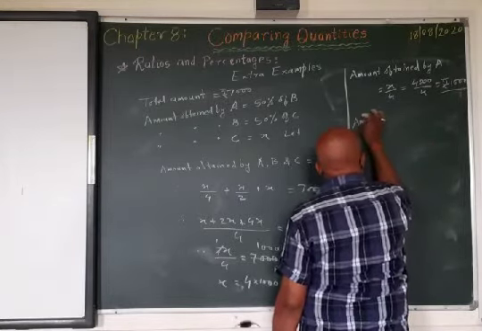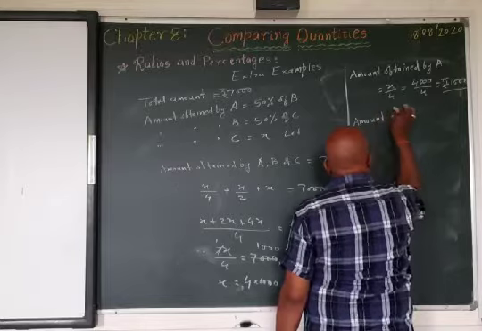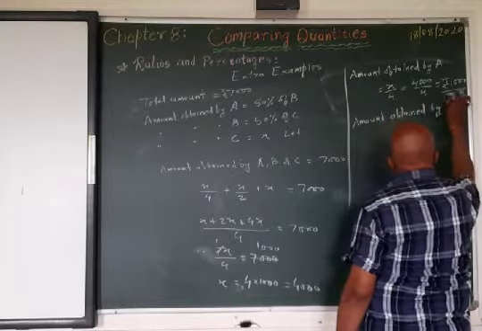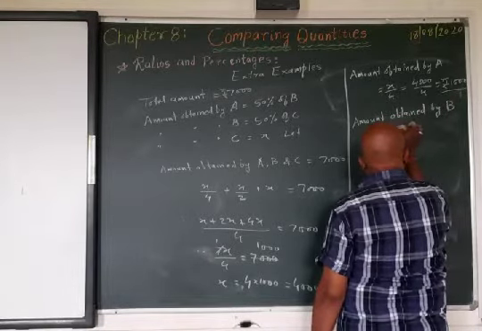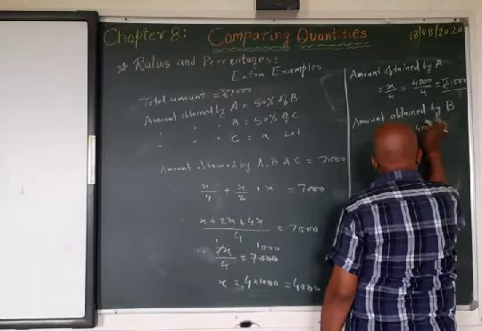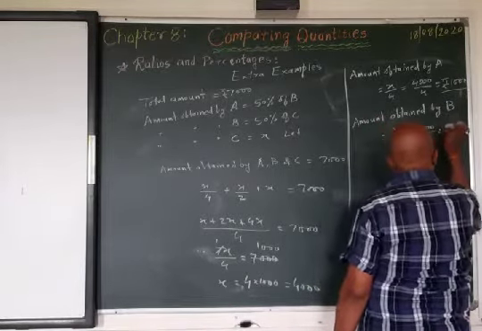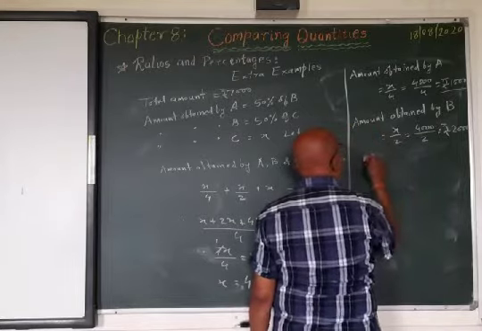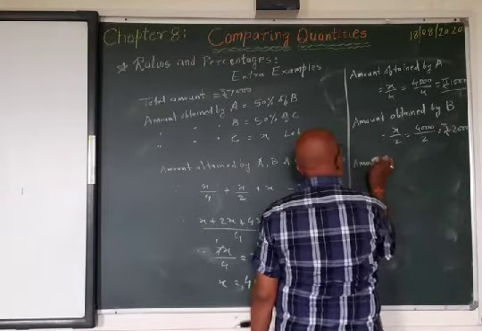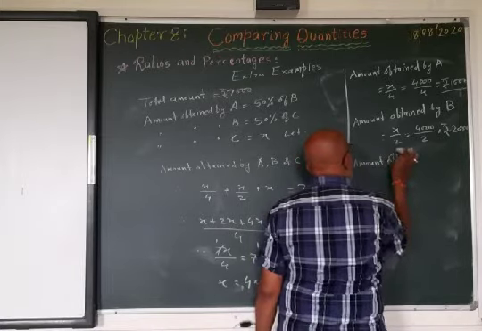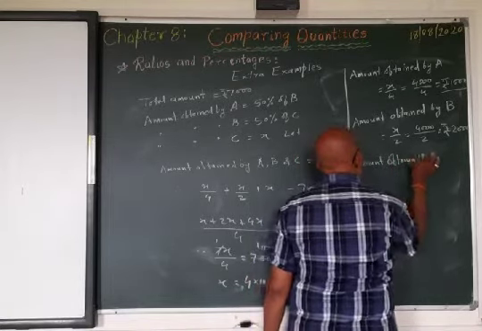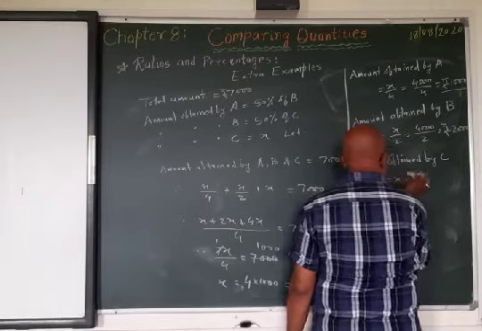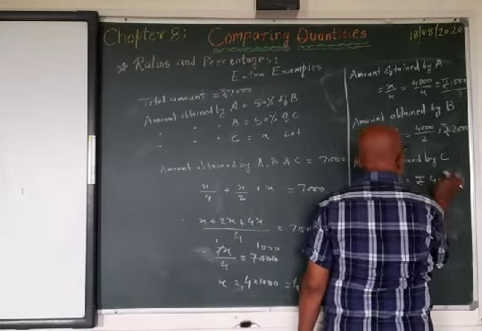Amount obtained by B equal to X upon 2 equal to 4,000 upon 2 equal to rupees 2,000. And amount obtained by C equal to X equal to rupees 4,000.